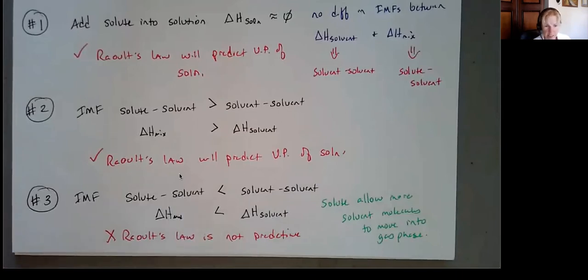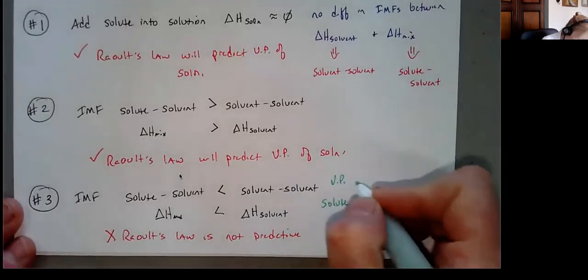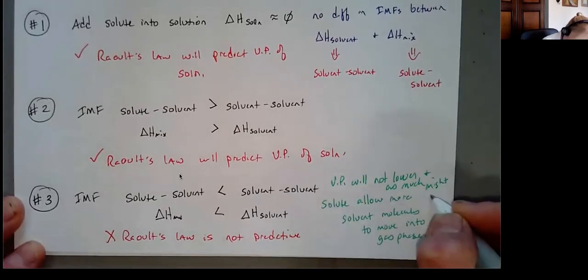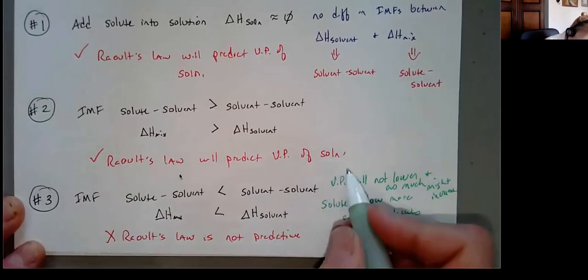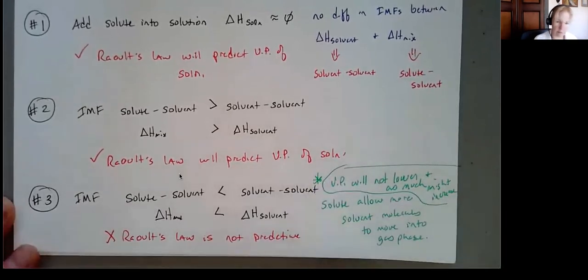And in that case, Raoult's law is not going to be predictive because I'm not going to see as great of a decrease in vapor pressure as what I would expect. So my vapor pressure will not lower as much, and it might actually increase. This is a scenario where Raoult's law is not going to be predictive.